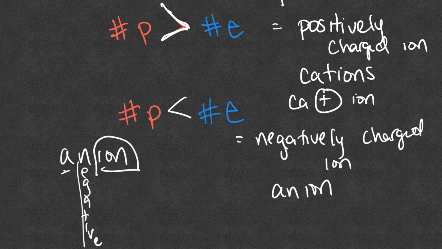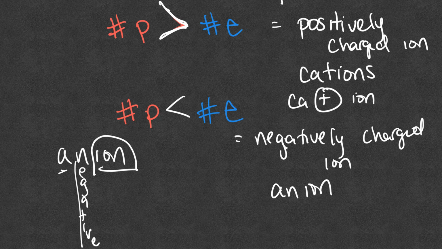So let's see how that looks. Kind of getting a new section here. Let's talk about oxygen. So here is the nuclear symbol of oxygen. Here we have the mass number and the atomic number.